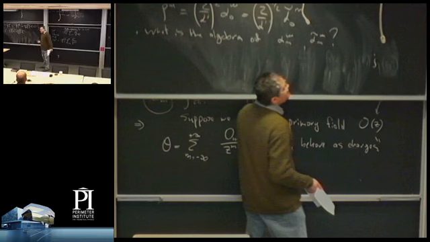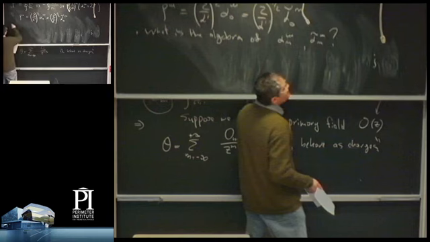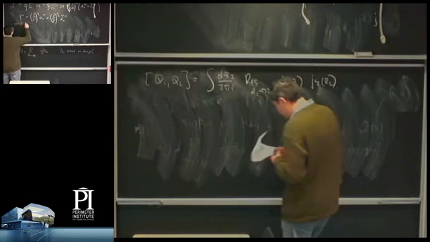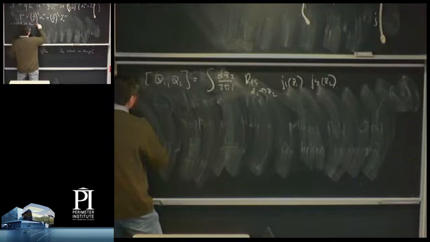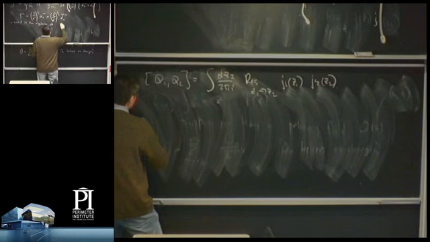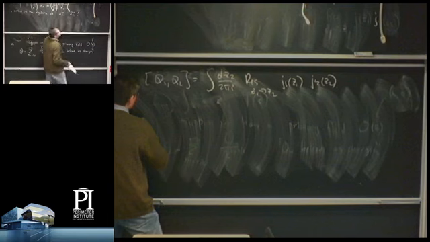And because they are conserved charges, you can ask the question, what is the algebra of alpha m mu and alpha tilde n nu? And we know how to answer this question.